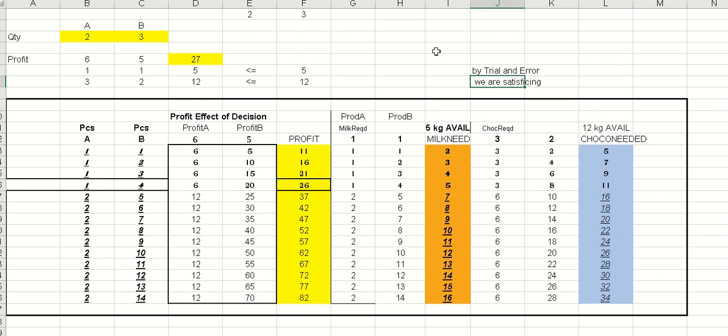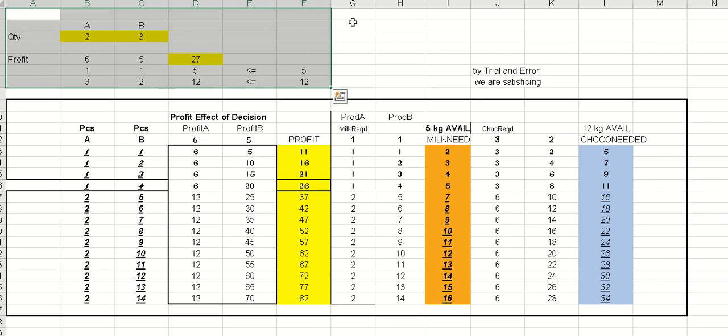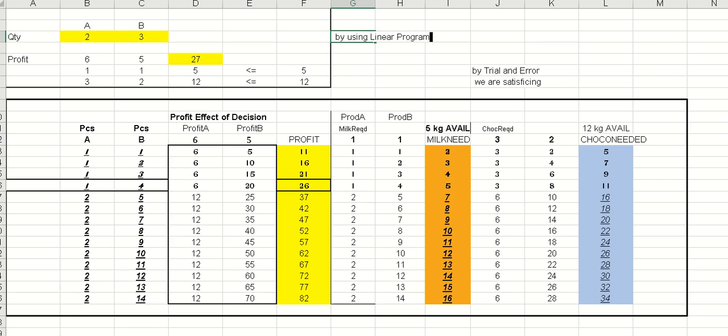But this approach here is what we refer to as optimization. By using linear programming or Solver, we are optimizing. That's why we say we are doing optimization.